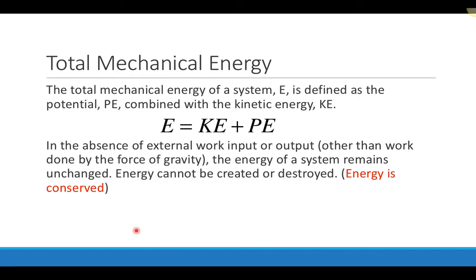We can say that energy is conserved, or that energy cannot be created or destroyed. If something is conserved, that basically means that it's going to stay the same. That's a pretty powerful thing, and we can use that idea that mechanical energy remains constant in order to solve some problems as we look at motion.